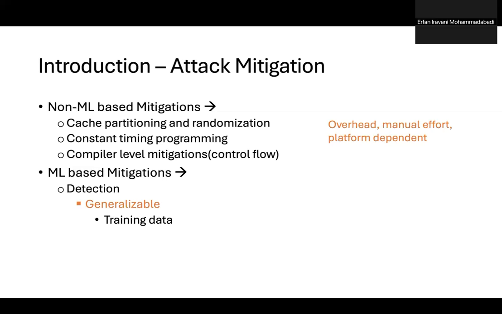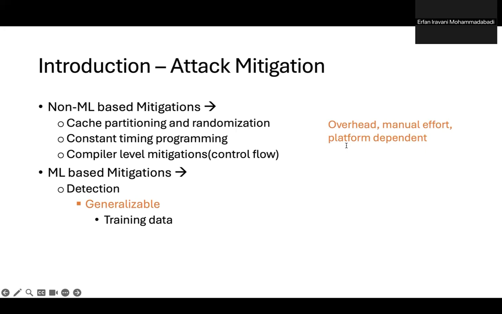Non-ML-based mitigations typically rely on architectural or programming strategies like cache partitioning and randomization, constant timing programming, or compile-level control flow mitigations. While these can be effective, they often come with significant trade-offs. They are platform dependent, they require a lot of manual effort to implement, and they can introduce considerable performance overhead since the protections will be always on.